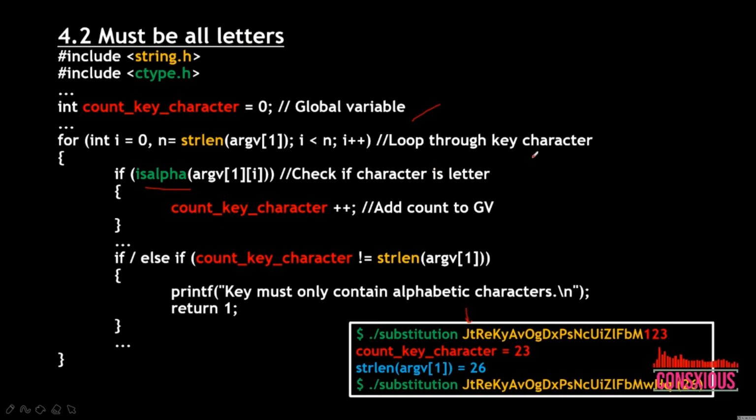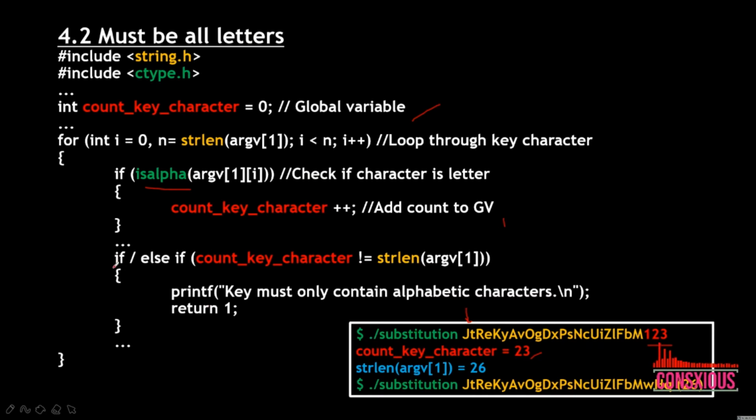If E is an alphabet, we add one count here, which is plus plus. You can see we count 1, 1, 1 character next to it. We will not count these 3 characters, which are digits, so they don't pass here. After we count, we get this value 23.